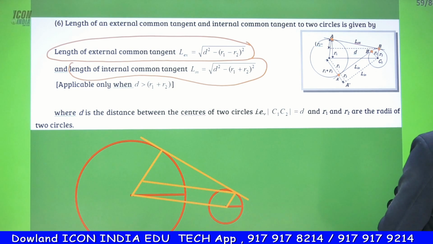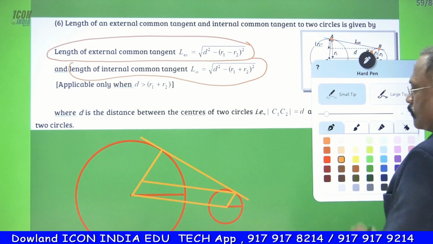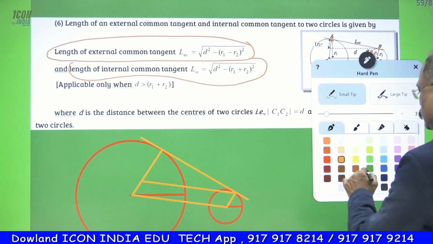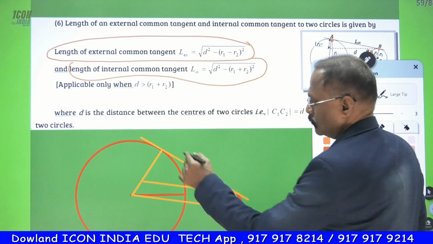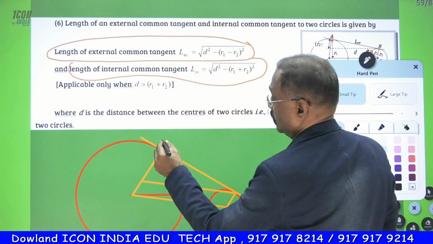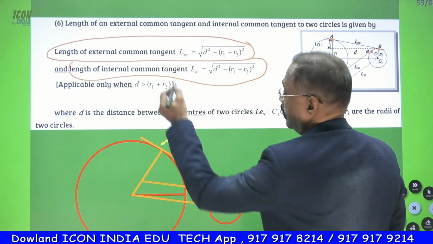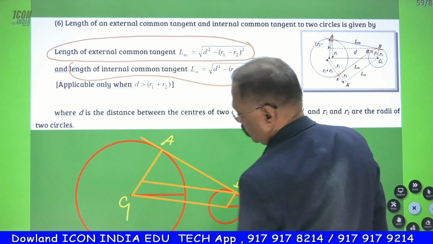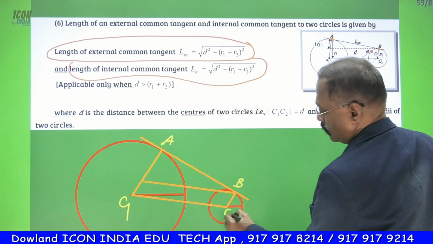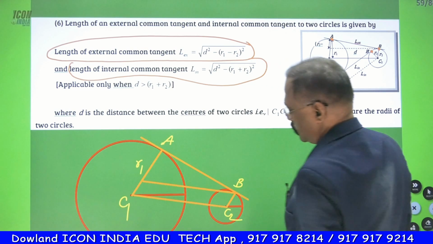Now let me name this. This is the length of the direct common tangent. As given here, I am naming this as AB. This is C1, this is C2, and obviously this is R1, this is R2.